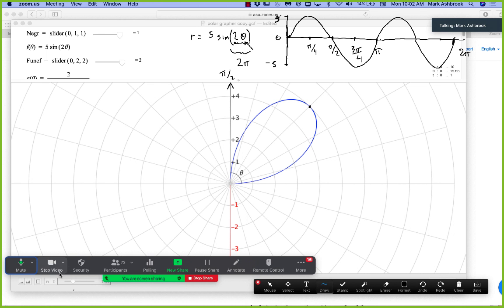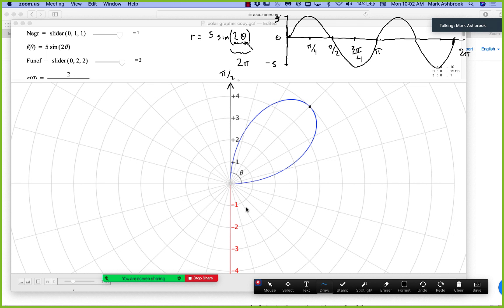And so by the time we get to 3 pi over 4, which is here, we're going to be at -5. So 1, 2, 3, 4, 5. So it's going to decrease rapidly, get more and more negative until we get to 3 pi over 4. And we're going to be at -5 when we get there.